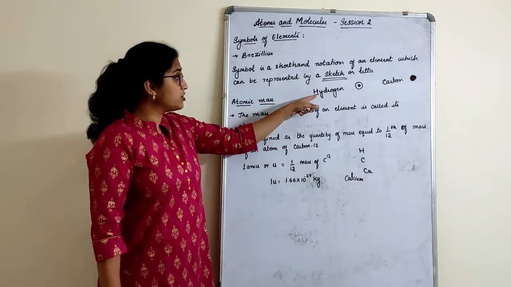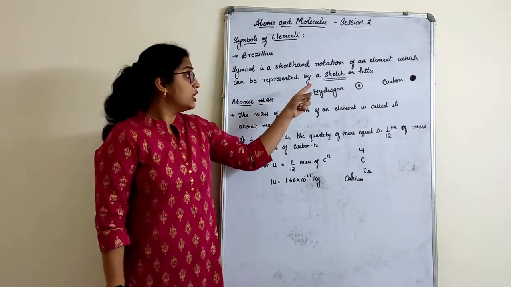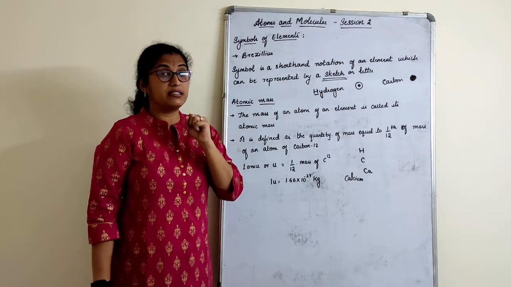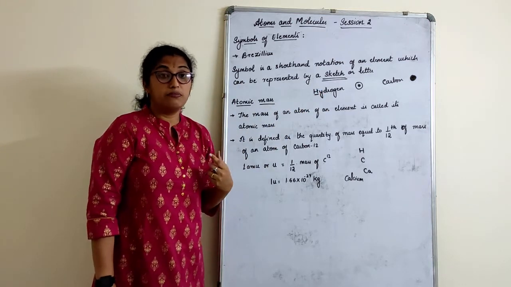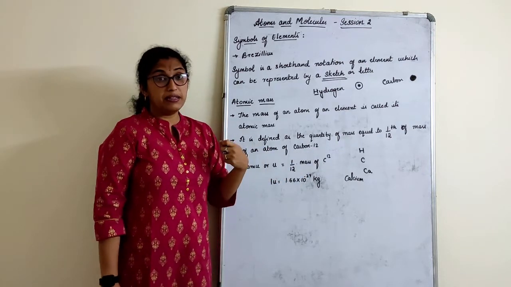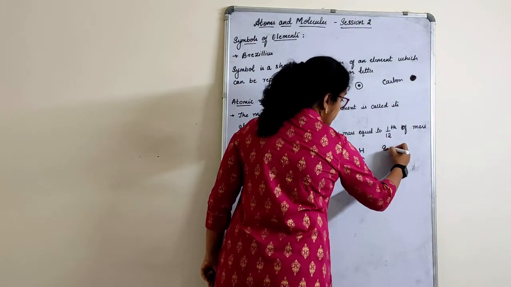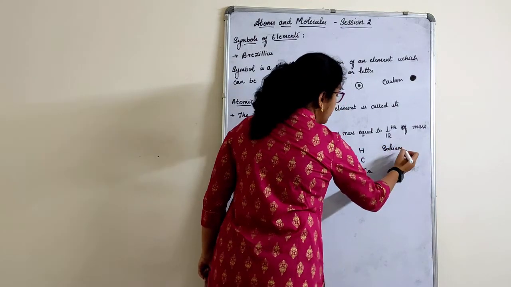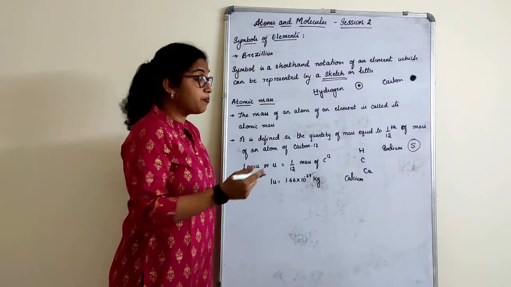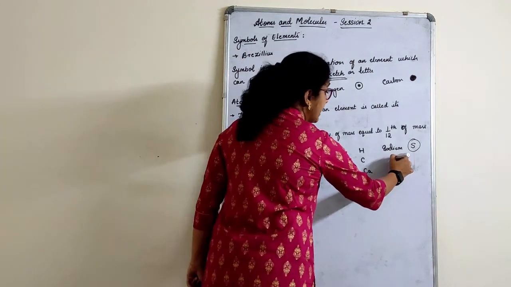So these are representations by either the first letter or the first two letters, where the first letter is uppercase and the second letter is lowercase. Apart from this, there are also some Latin names of elements that we remember. For example, sodium. We do not denote sodium by S, because S stands for sulfur, nor by So, but we denote sodium by Na.